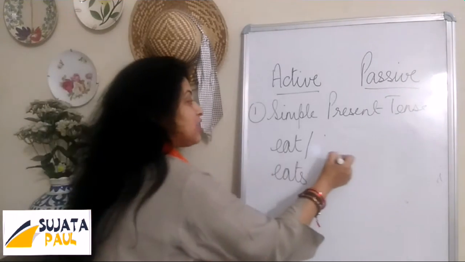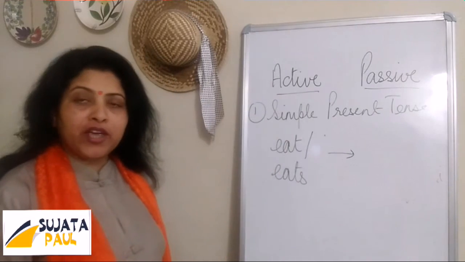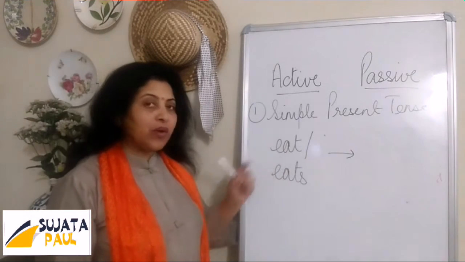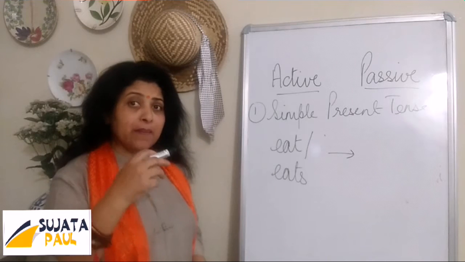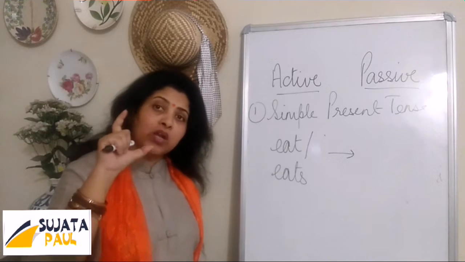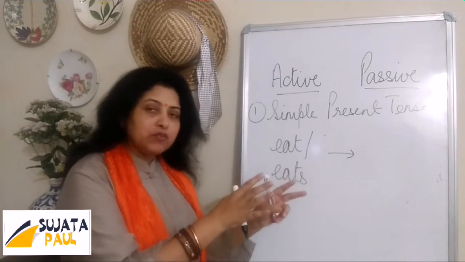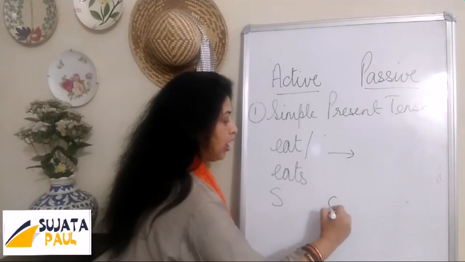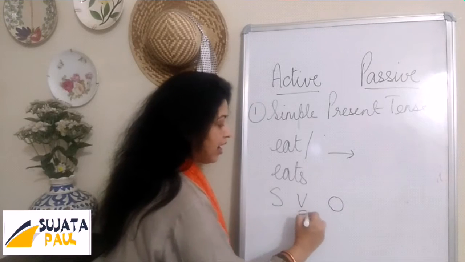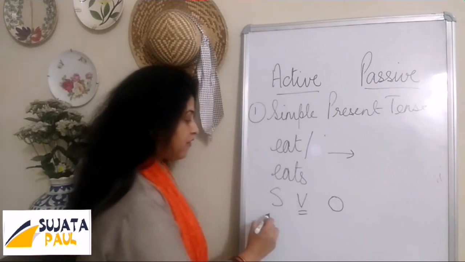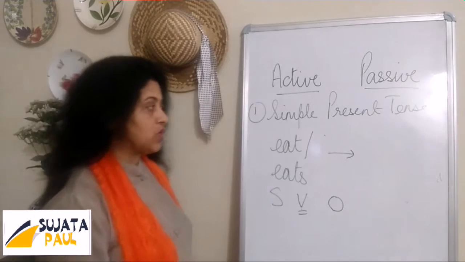But when you change it into passive voice, you know what happens is, when I say Ravi eats mangoes, I have only the verb without anything else. I have the subject, I have the object, and in between I have the verb. Ravi eats mangoes.